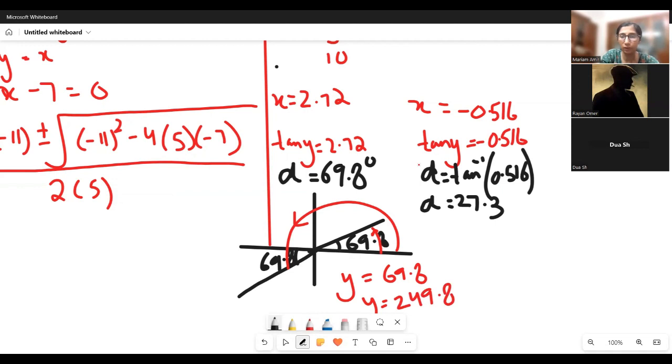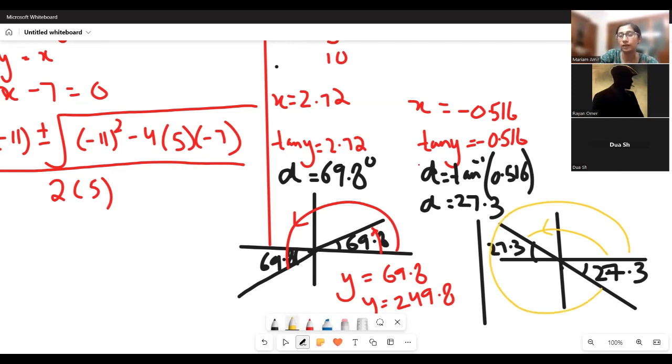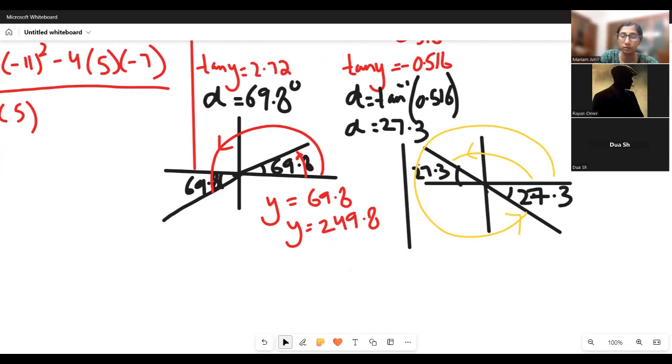And for the other one, tan is negative, so it lies in the second quadrant and the fourth quadrant. So this is 27.3 and 27.3. We are going to find this angle, which is 180 minus 27.3, and this angle, which is 360 minus 27.3.